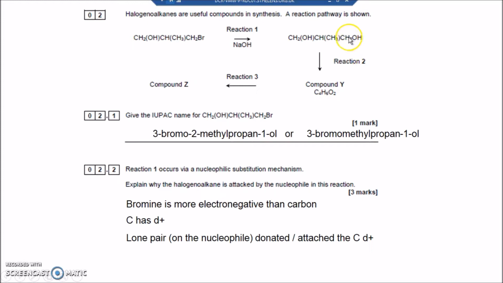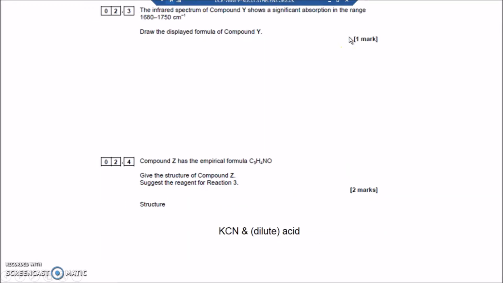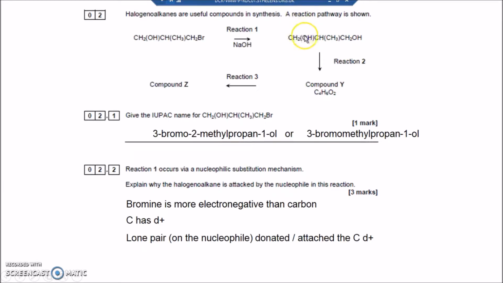So if I've got a carbon to oxygen double bond, this OH has been turned to a carbon oxygen double bond, so that's made an aldehyde at that end, and if it says it's significant, it's probably got this one converted as well.